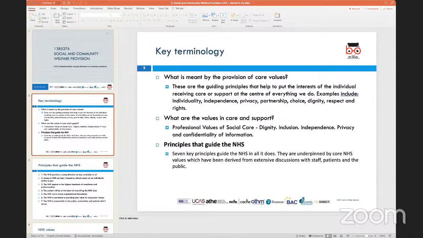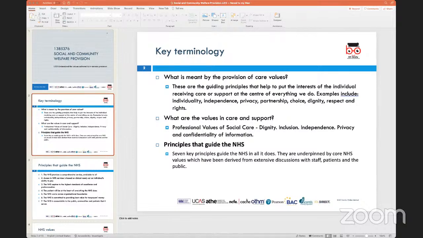That means when we look at provisions in the context of health and social care, we are looking at the government making arrangements to be able to deliver healthcare services or social services, and these would typically be provided through local authorities, hospitals, surgeries, pharmacies, things like that.